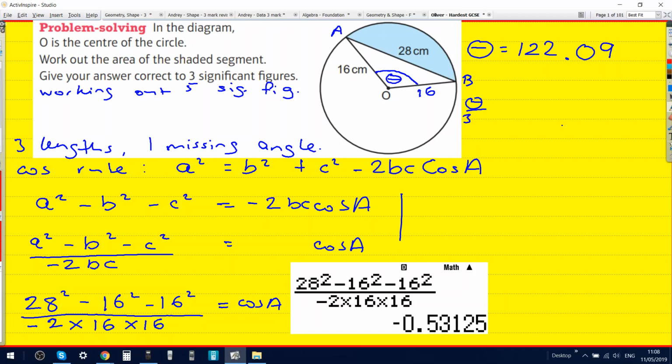times pi times 16 squared finds the area of that sector, which is 272.75. And then you have to work out the triangle's area, which you could use the sine rule, half ab sine C. Yeah.